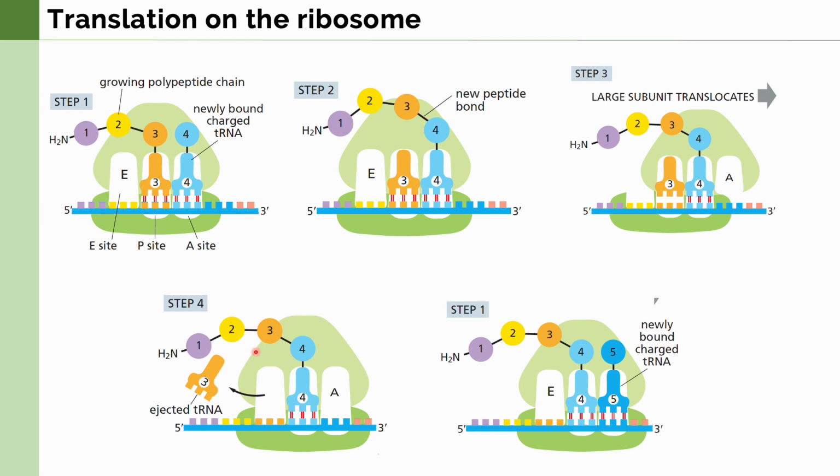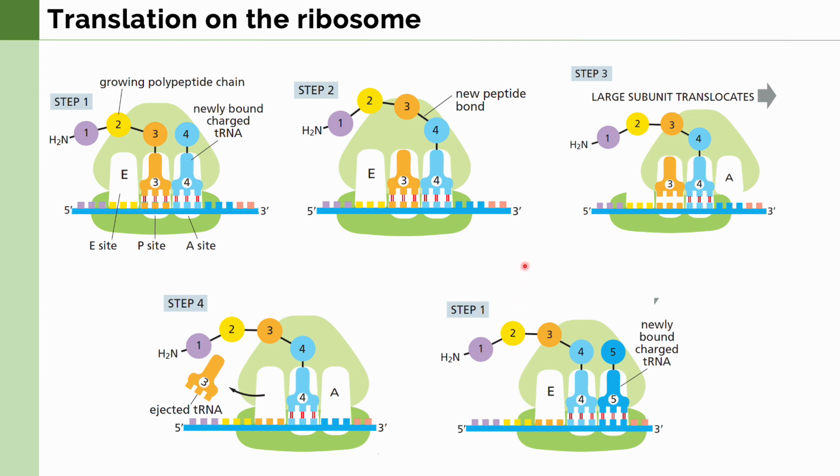After this, the small ribosomal subunit catches up and also moves one step forward to recombine with the large ribosomal subunit. This ejects the tRNA and leaves the A site empty. Now a newly charged tRNA can bind to this A site, and this process keeps on going until the protein is completed.